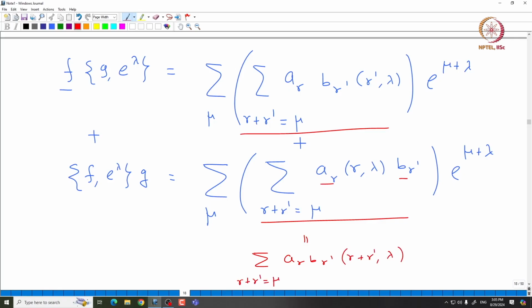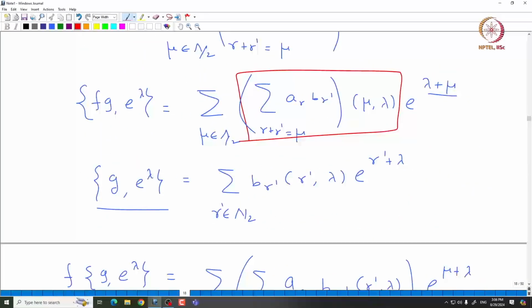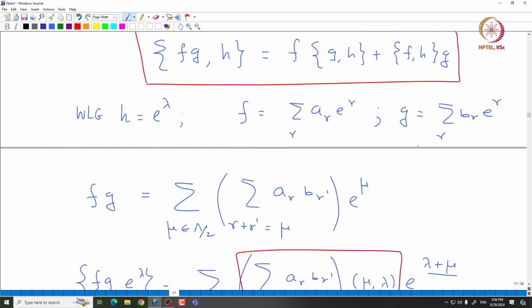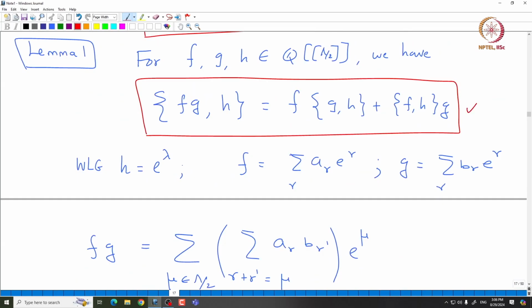But this is exactly equal to the summation of a_gamma b_gamma' times (mu, lambda), where gamma plus gamma' equals mu. So, this term exactly matches with this term. Okay. So, that proves that this equality is true for all f, g, h.